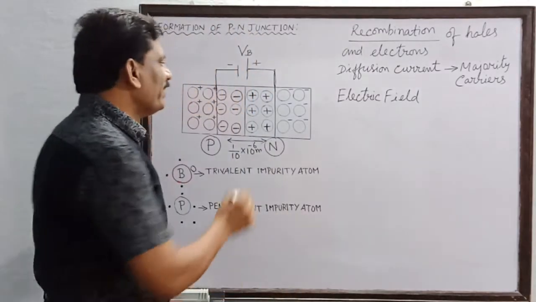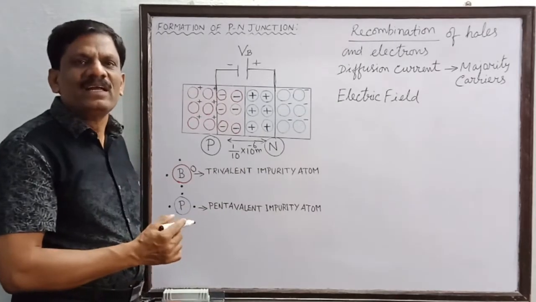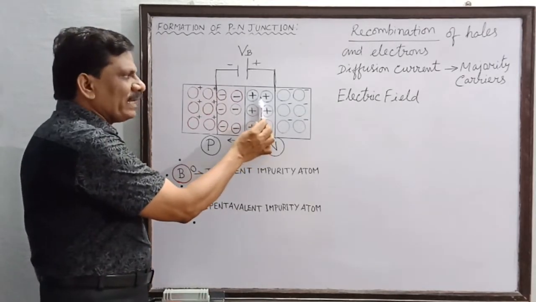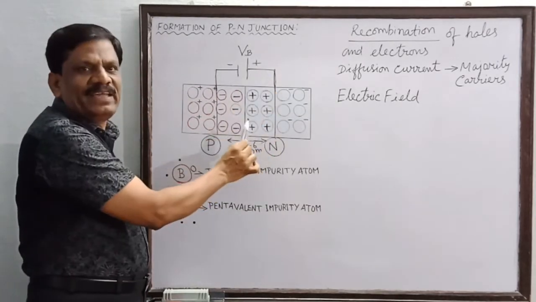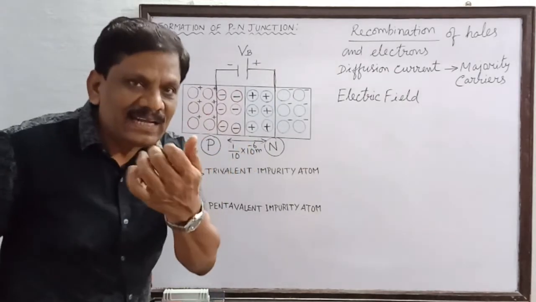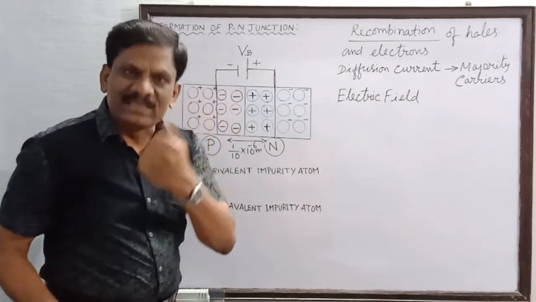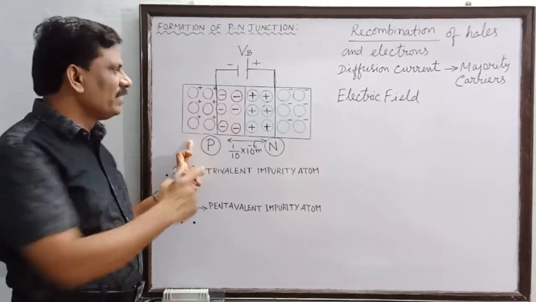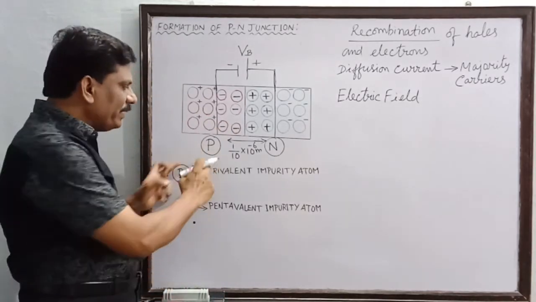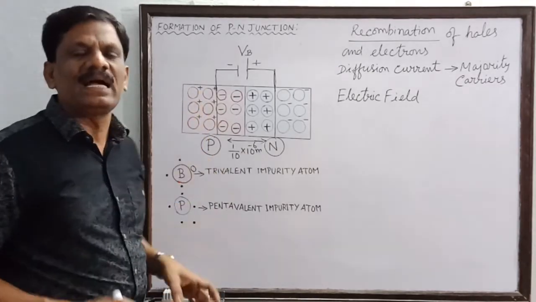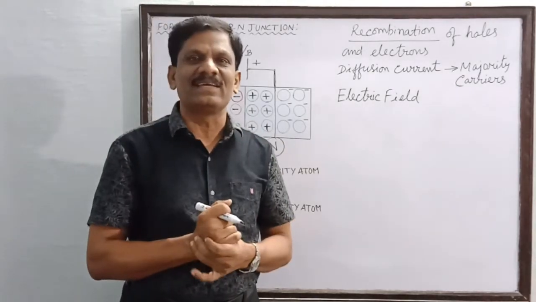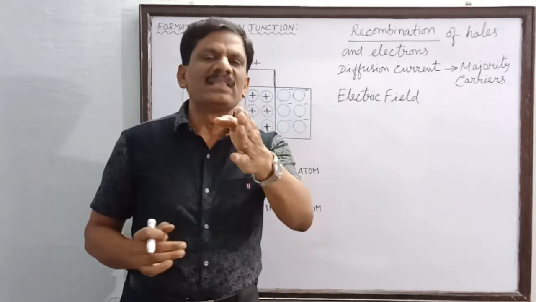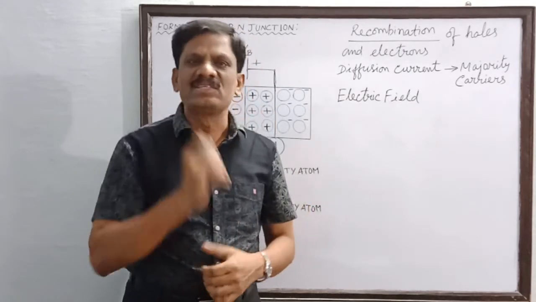Once the electric field is established, you see, this positive potential of this electric field will attract the electrons from the p region. I told you in the beginning of the topic itself, in the p region, holes are present as majority carriers. Along with them, the minority charge carriers will also be present.